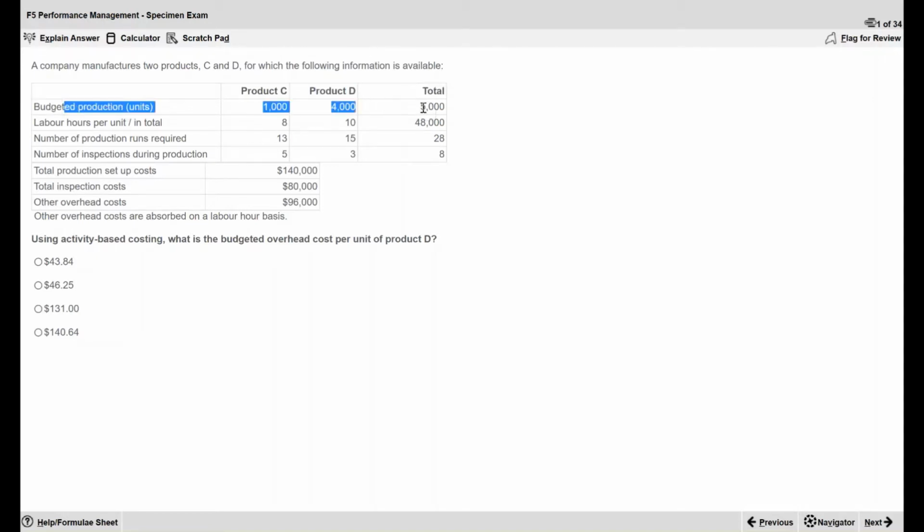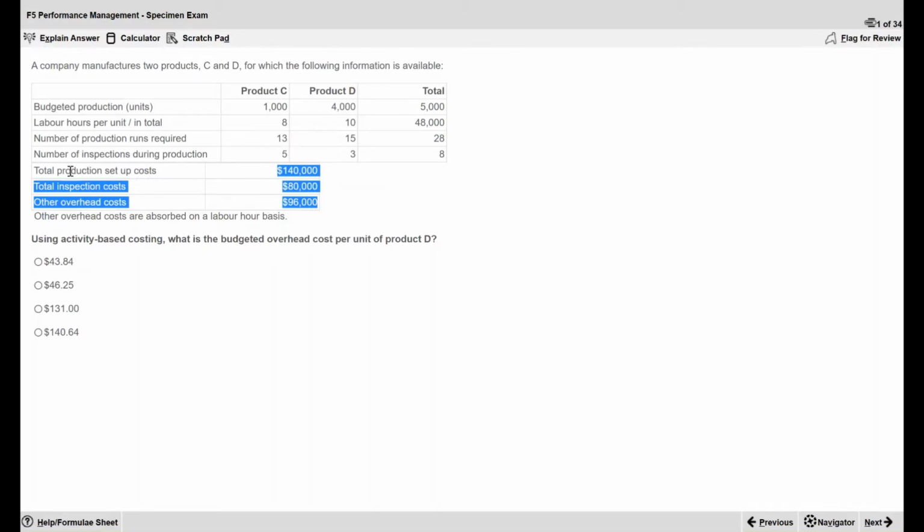We have the units and the labor hours, number of production runs required, number of inspections during production, total production setup cost, inspection cost, and overheads. So we have 3 costs here, which means we would need 3 activities on which to divide these costs.